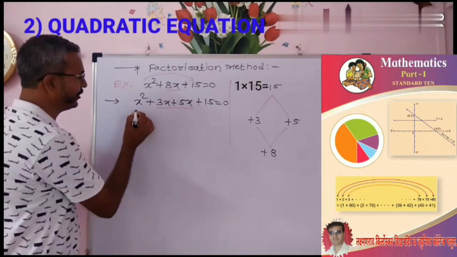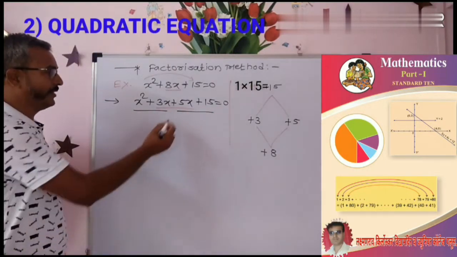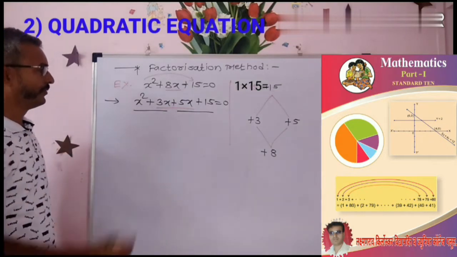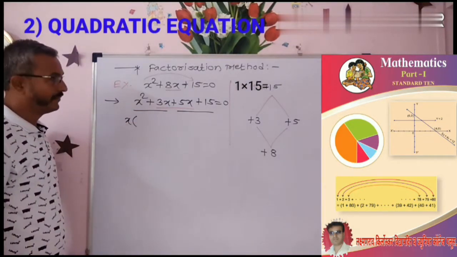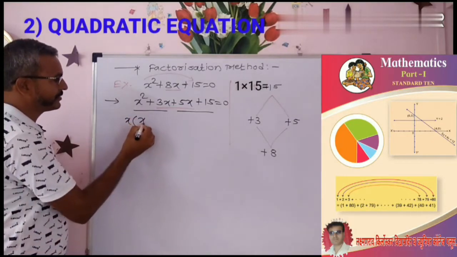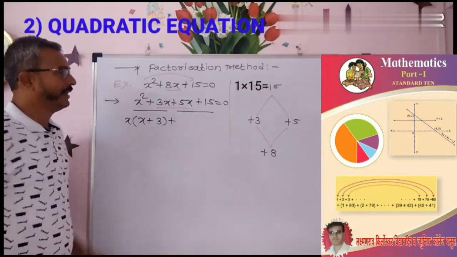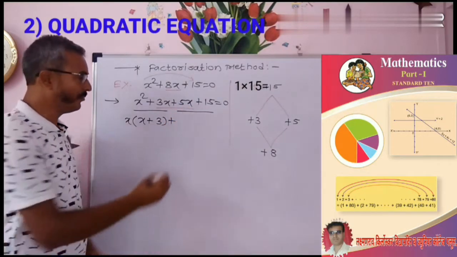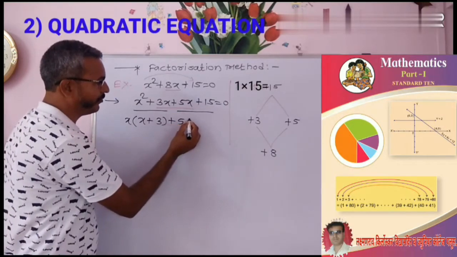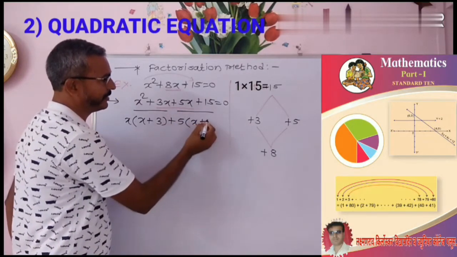We group the two terms and take out the common factor from each group. Here x is common, so we take x, and the remaining factor will be x plus 3. Out of 5x and plus 15 in this group, 5 is common, so take out the 5, then the remaining factor is x plus 3, since 5 threes are 15.